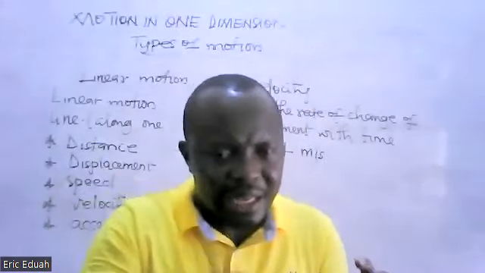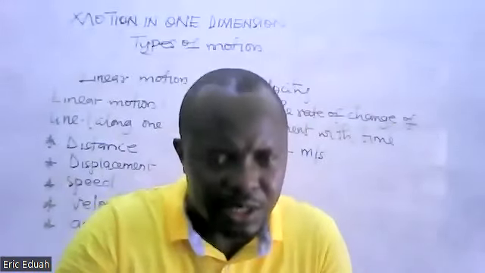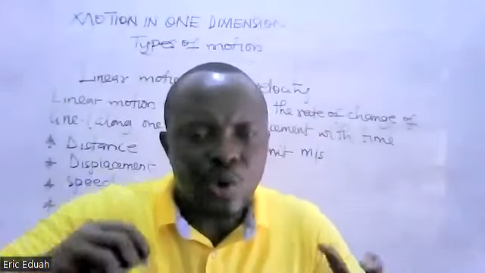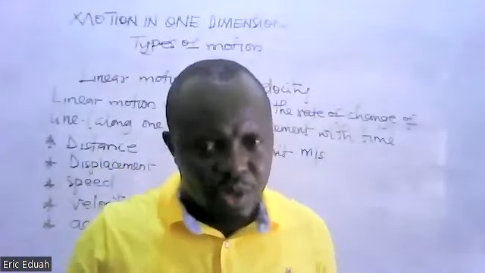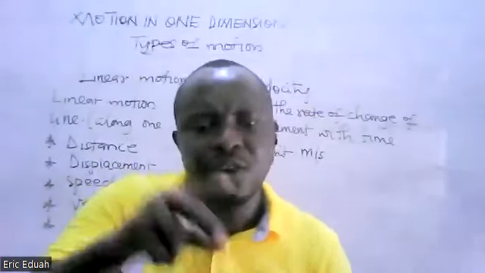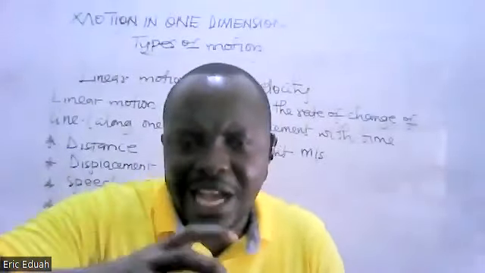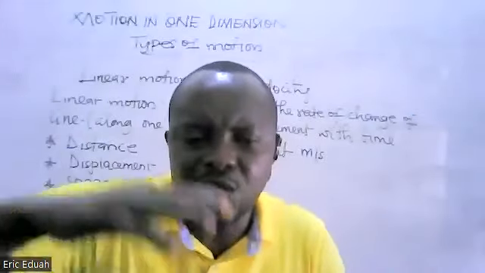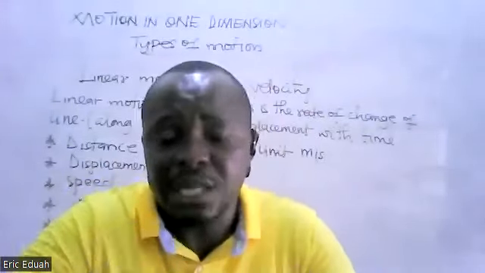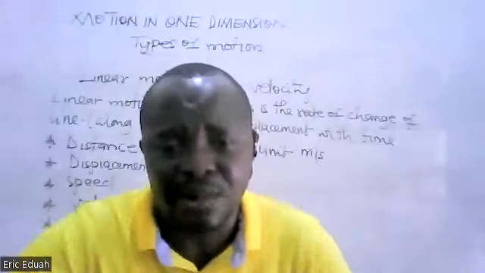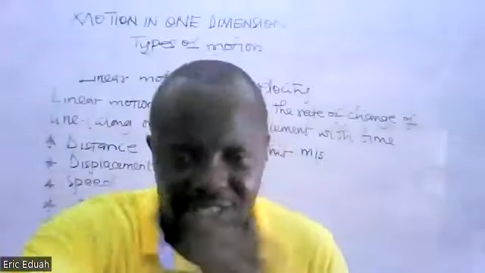We have an increasing velocity from 0 to a certain amount, to a larger amount, within a changing time. So when the speed or the velocity of a body is changing, the change has to be an increasing one. And when the velocity is increasing with time, it gives birth to what we call acceleration.